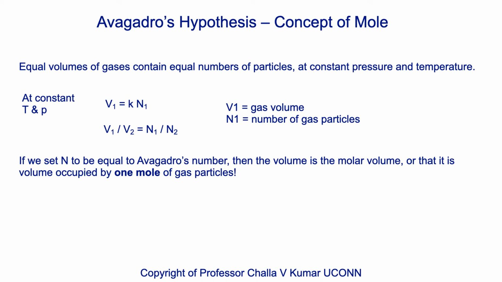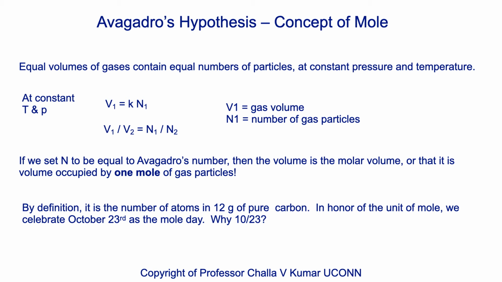That is, if we say that n is the number that we are interested in, let's say Avogadro's number, and the volume is the molar volume, meaning the volume occupied by 1 mole of a gas, then we can define what is a mole. So if I were to have, let's say, 12 grams of pure carbon, then the number of atoms present in that sample by definition equals Avogadro's number.